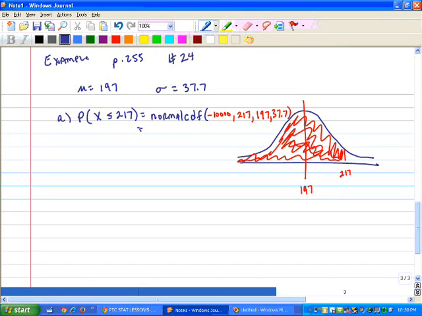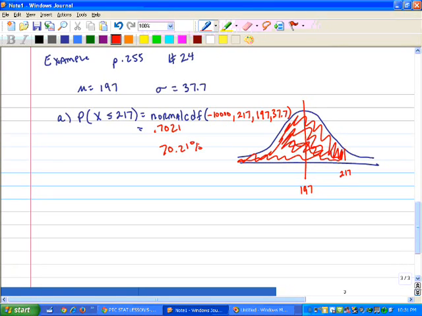The calculator will give us a probability then that a woman's cholesterol level is less than or equal to 217 milligrams per deciliter of blood. The calculator tells us 0.7021 or 70.21% is the probability that a woman will have a cholesterol level of less than 217.